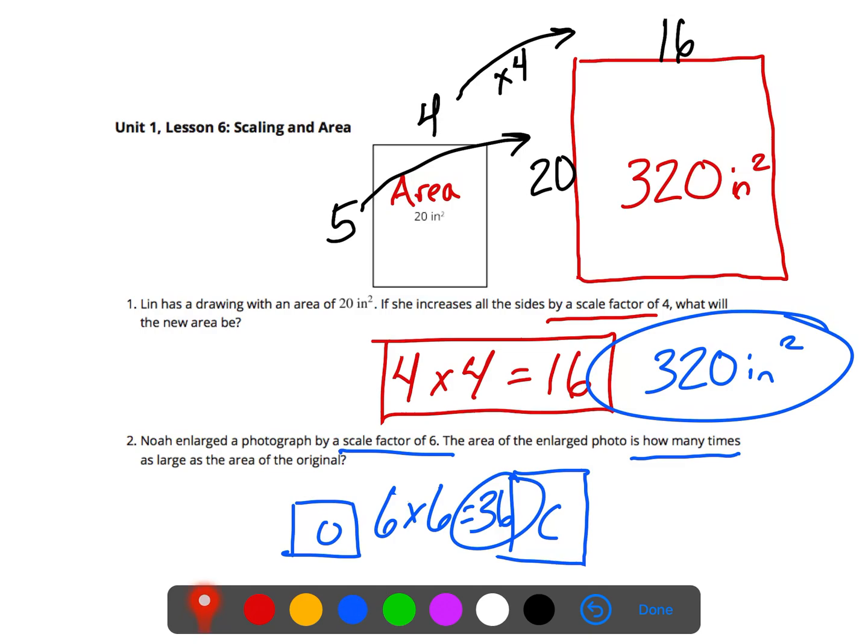Now, if you think about it, area is calculating a two-dimensional space, a flat surface. So if we are saying the scale factor is making this photo 6 times larger this way and 6 times larger this way in a second dimension, that is why we're increasing 36 times more than what the area of the original is. We're getting 6 times greater this way and this way in expanding that.